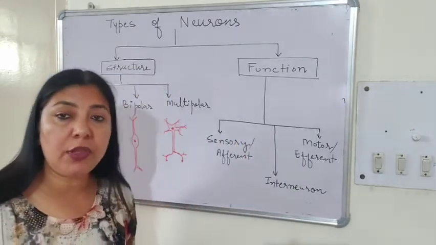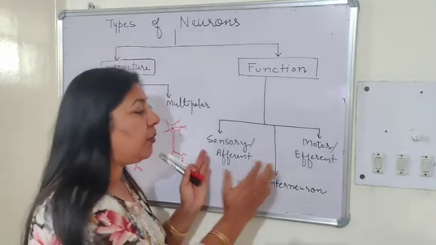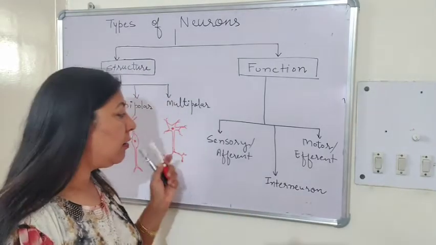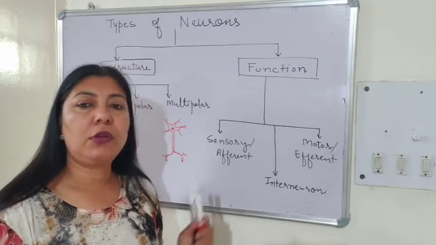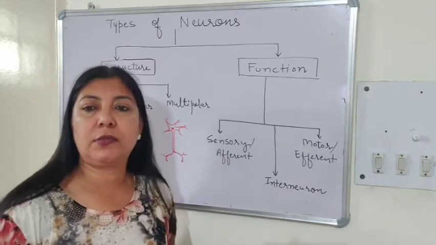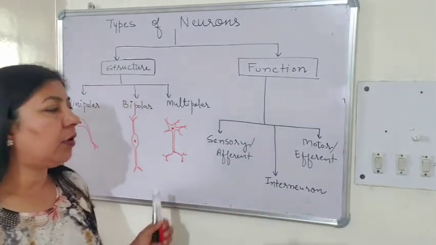But the majority of the neurons are interneurons, which are present in between them. They keep on passing the information from sensory neurons to the motor neurons or from motor neurons to sensory neurons. They are interneurons. So these are the three types of neurons.